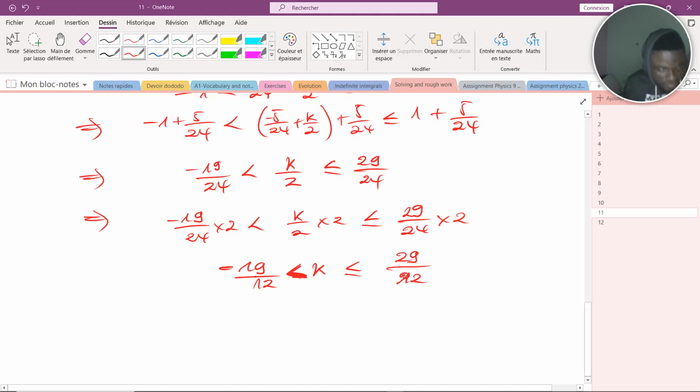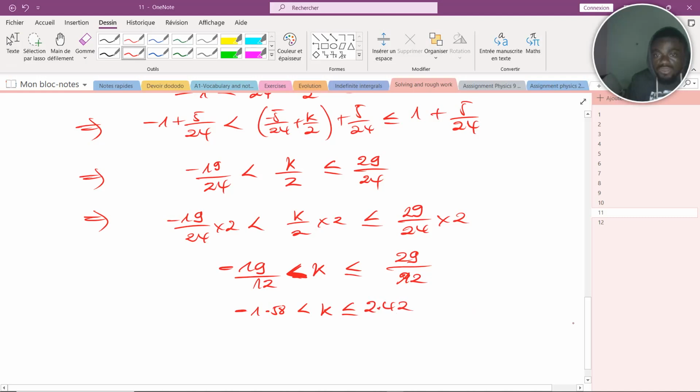That's 1.58. So we're going to have k strictly greater than minus 1.58, less than or equals to 29 divided by 12, that's 2.42.